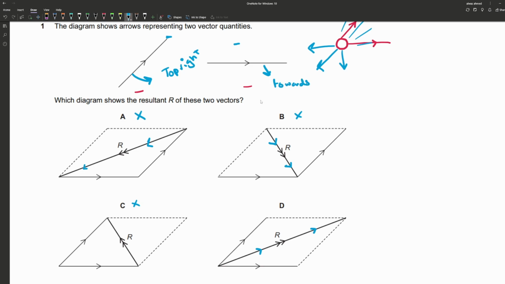So this vector in D is towards top right. Now it's not disagreeing with any of the vectors that we have in the question, so my logic tells me that this is the answer.